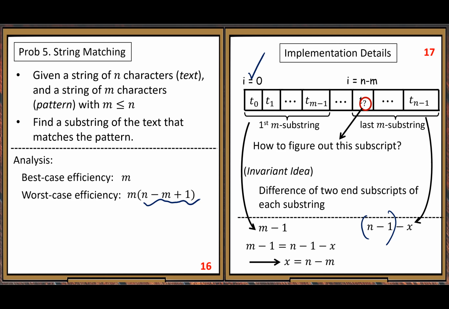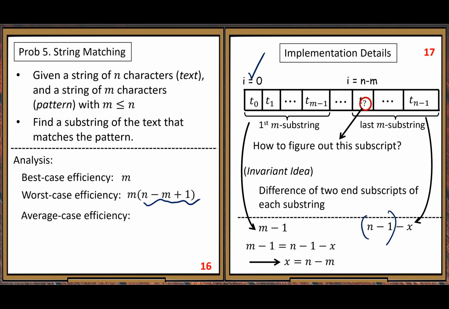How about average case efficiency? Actually, this one is easy. When you move your M substring one position to the right, every time you increase the position number by 1.